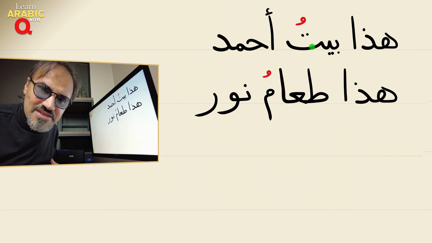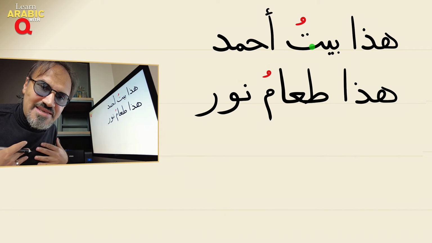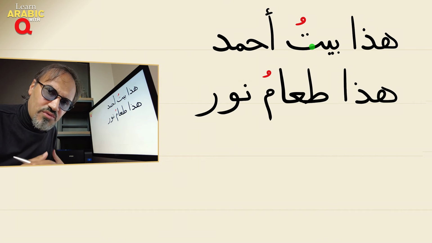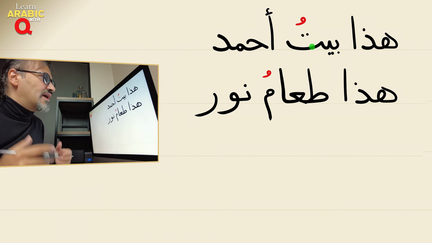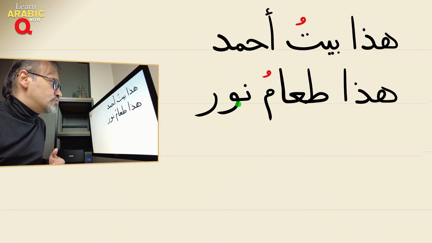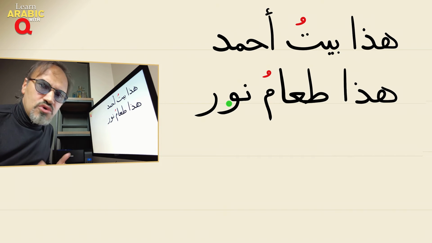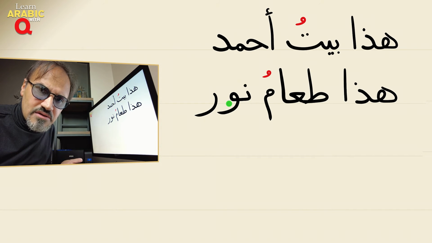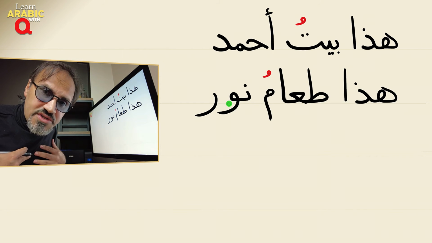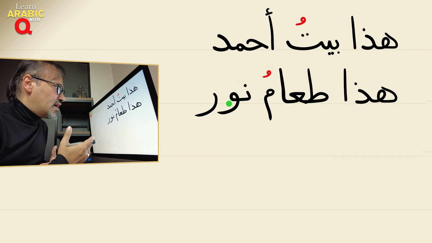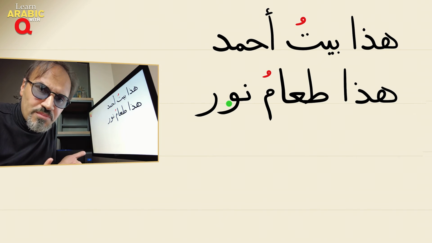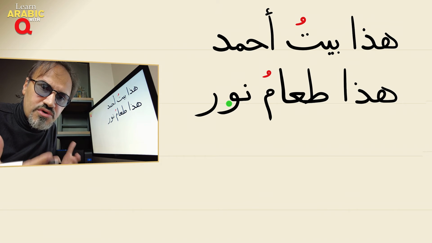He's my friend. We'll take that word in the coming lesson. هذا طعام نور. نور من. نور أختي. She's my sister.